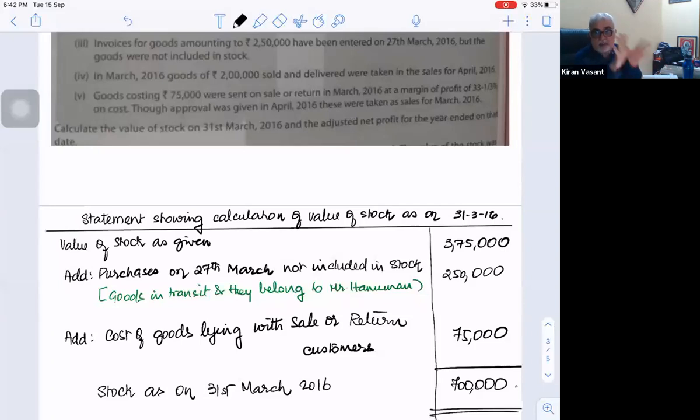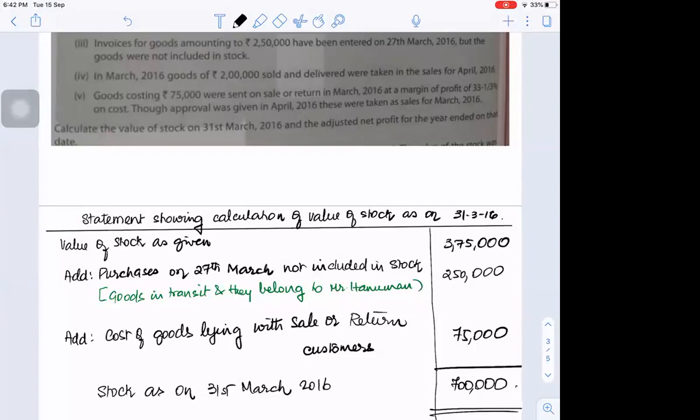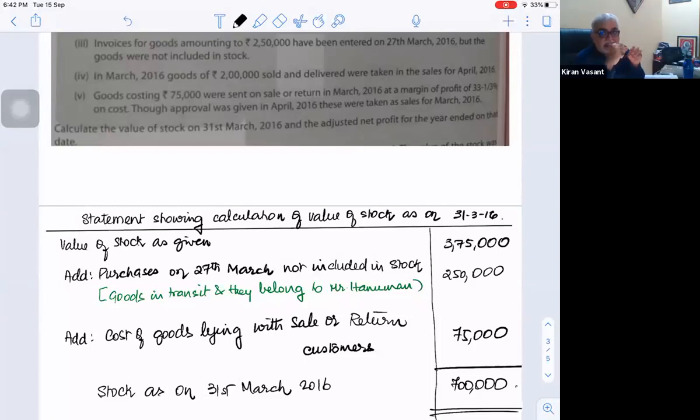We delivered these goods. So these goods are not included in 3,75,000. Agreed? The goods were taken as sales for April, but the actual sale was done in March itself. We should not have included them in the closing stock, and they are not included also.